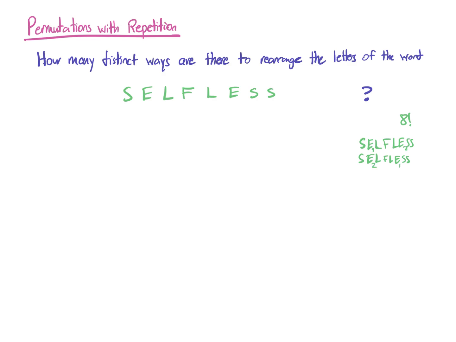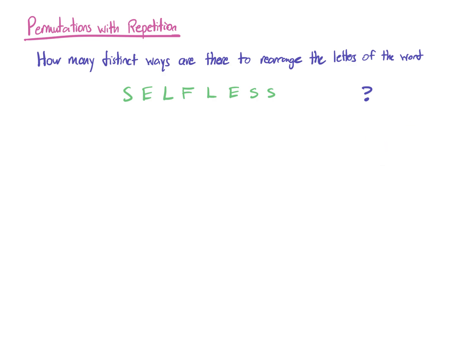So now I have E2 and E1. Okay, so the problem is that these are the same word, they're the same sequence of letters. The fact that I have multiple E's means that some of the things that would normally be different possibilities actually lead me to the same word in the end. And so my answer can't just be 8 factorial, I need to do something a little bit more complicated.